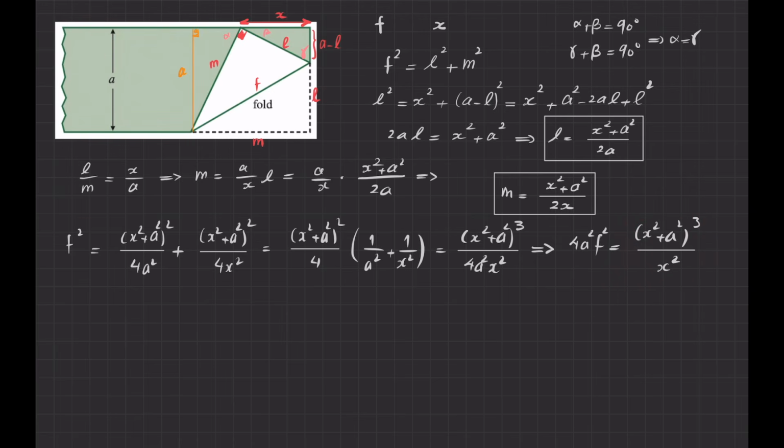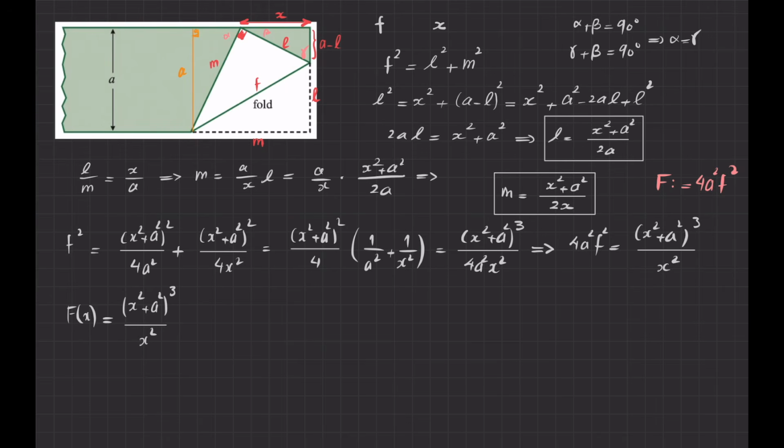Okay, so if you don't mind, let me introduce a capital F here. So let me change my color. So I introduce capital F to be 4a squared f squared. Okay, and then I would write capital F of x is equal to x squared plus a squared to the power of 3 divided by x squared.